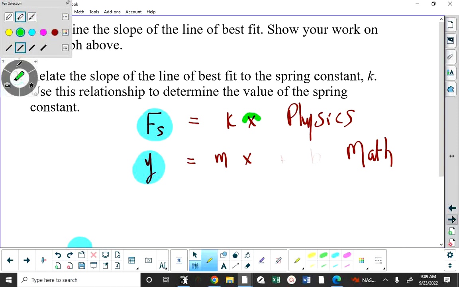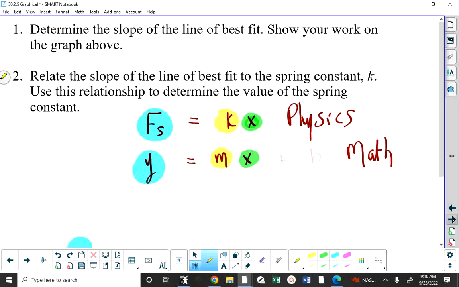We have the displacement of the mass, and that's plotted on the horizontal axis. Well, just by way of comparison, what that means is that this has to be the slope. And it has nothing to do with any y-intercept that may or may not be there.